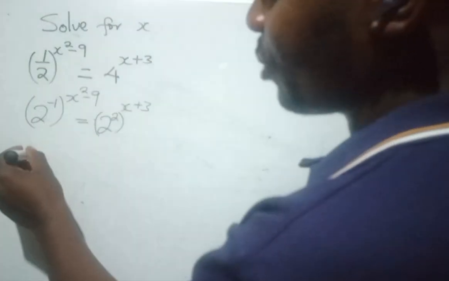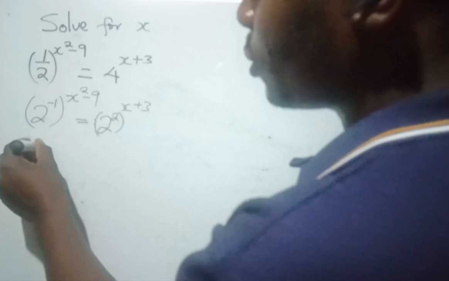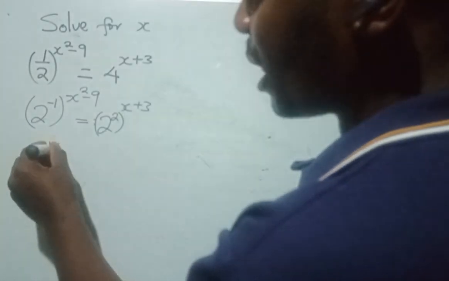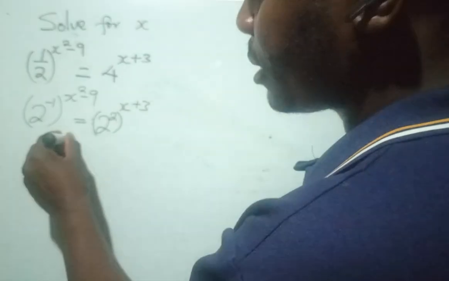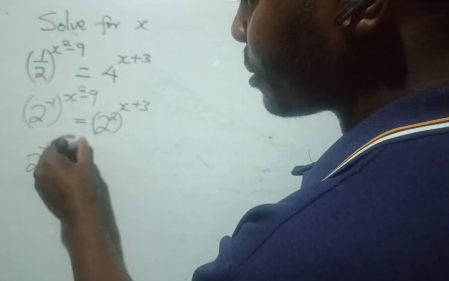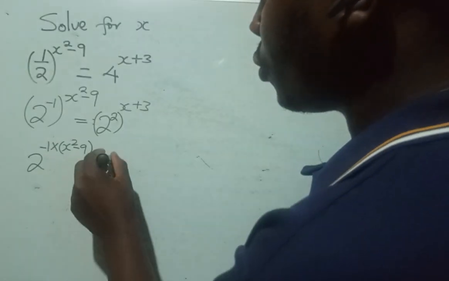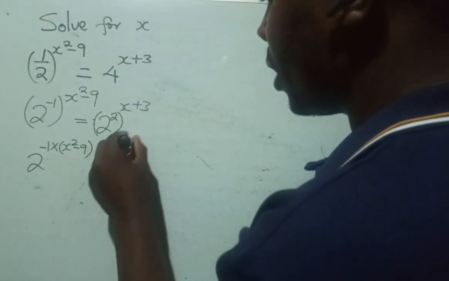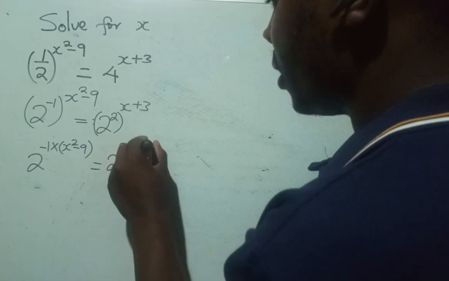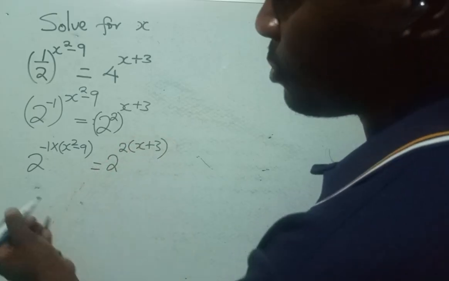The next step we have is 2 to the power 1 multiplied by x² − 9, which will be equal to 2 to the power x + 3.